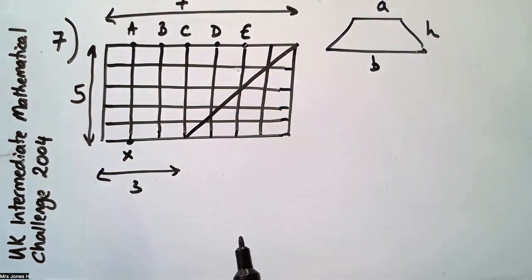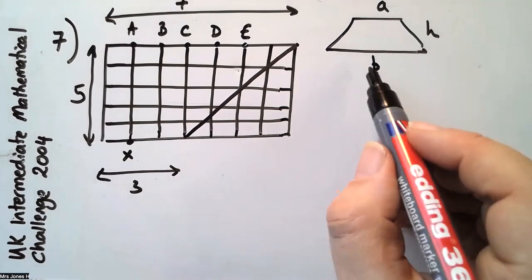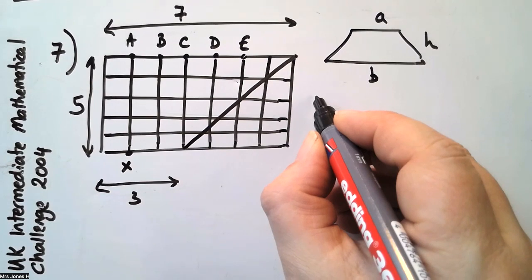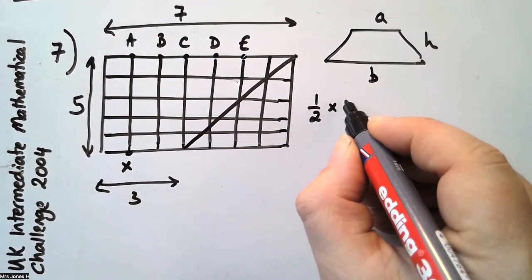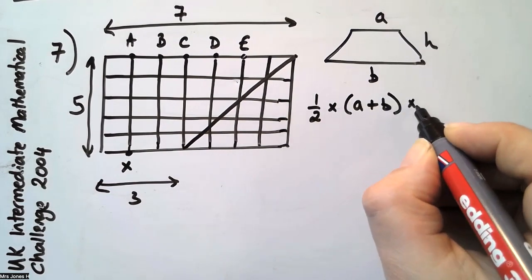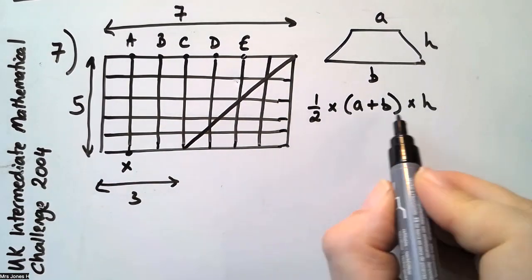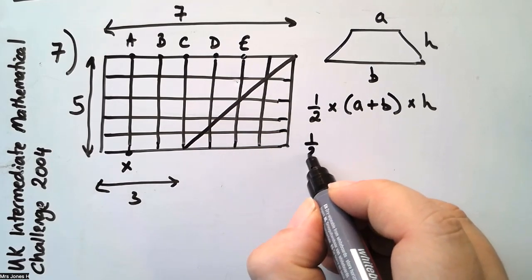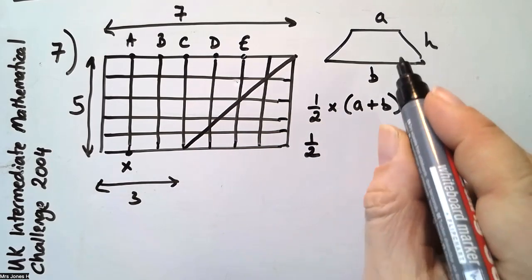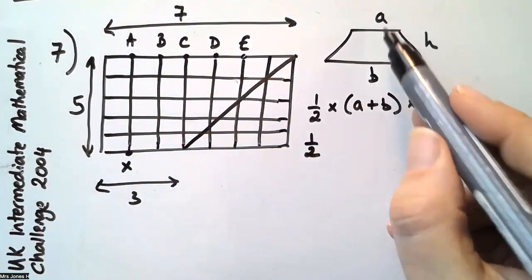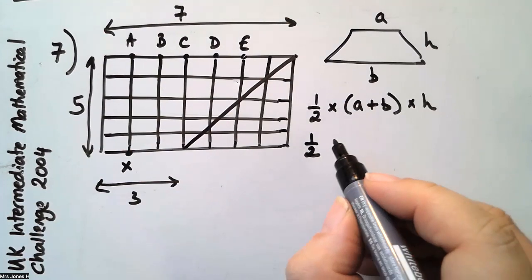So we take that information and put it into our formula. The formula for the area of a trapezium is half multiplied by A add B, multiplied by H. Now these are multiplication symbols just to make it clear what I'm doing here. Half A, which is in effect upside down, but it doesn't really matter because A and B are commutative in here.